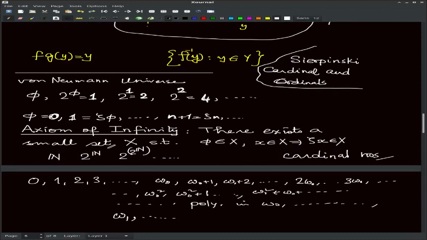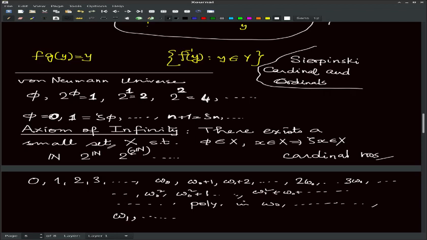Now, he also paints the picture, but the way he presents it is that you have the ordinals, and as you said, when the ordinals are finite, the ordinals are exactly the cardinals. But when you get the infinite ordinals, they start to clump together.